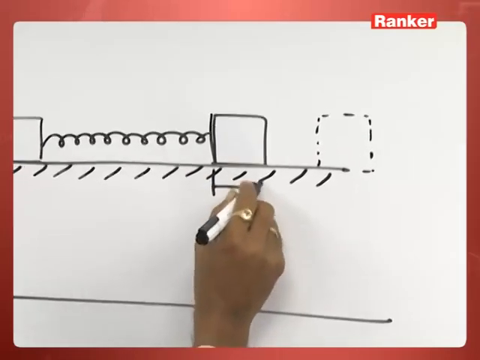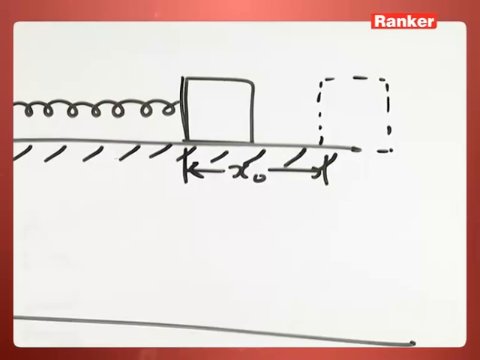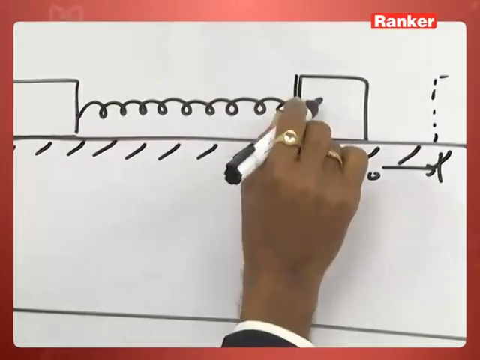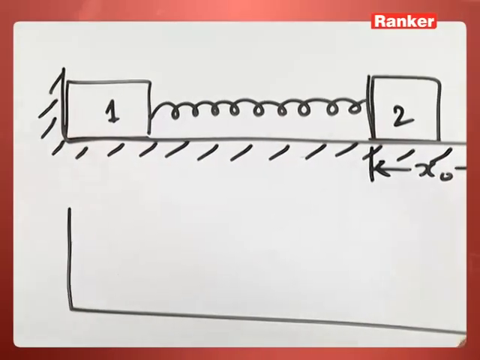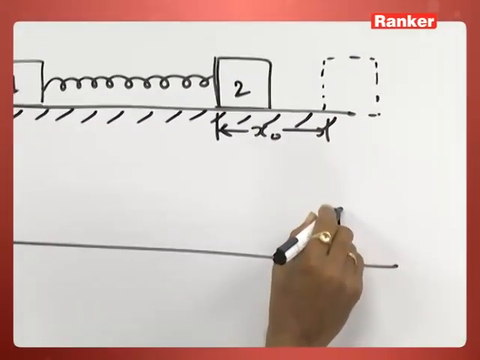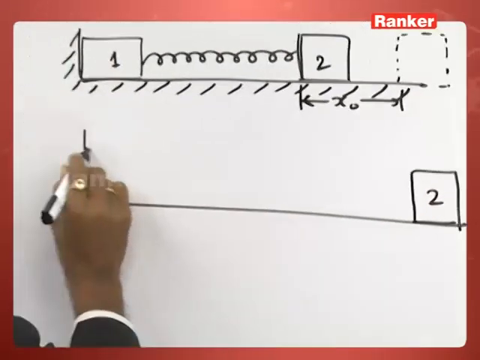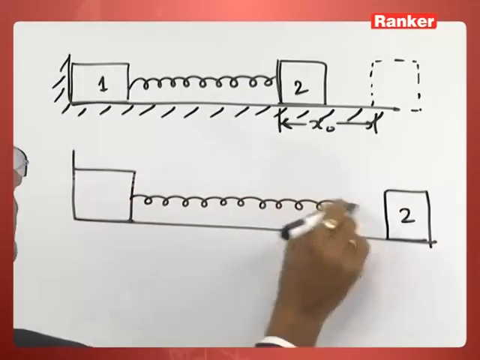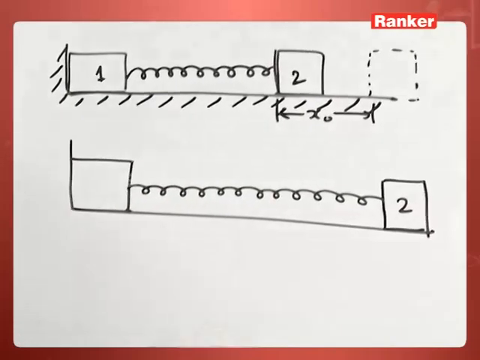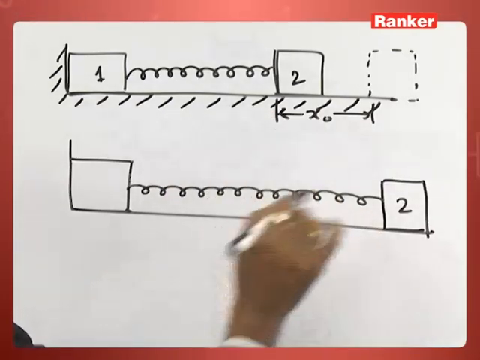This is the initial compression of the spring. When block 2 moves towards the right, at this position the spring will get relaxed, because the compression of the spring will be 0.